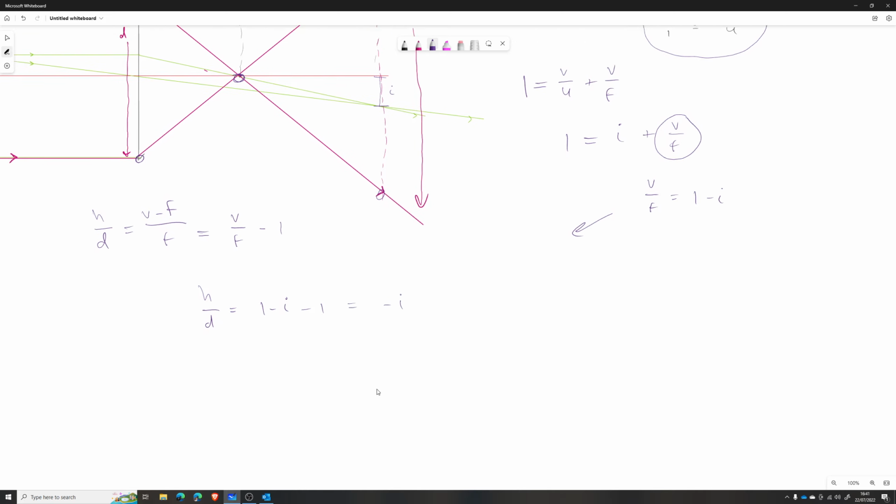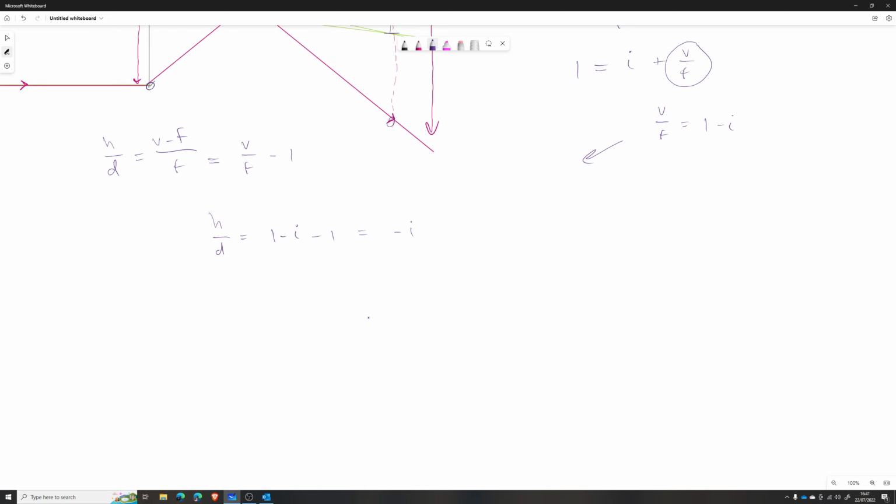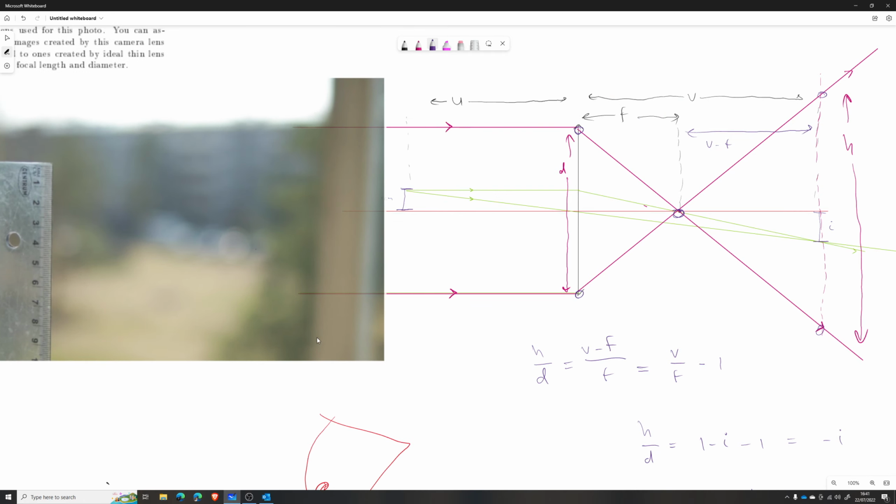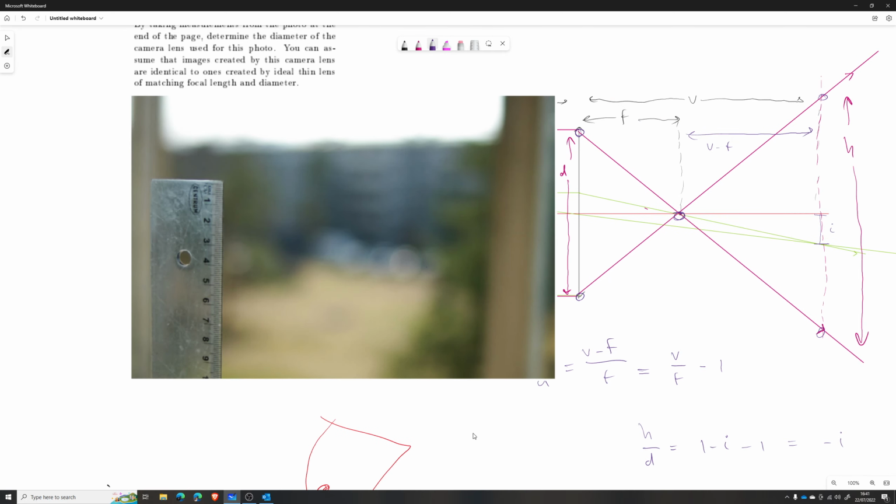There's no problem there. What that means then is that the diameter of my lens is equal to minus h over I. The minus, I'll leave the minus in, but it's neither here nor there. It doesn't matter. The image that we look at in the picture has been inverted for us so that everything looks the right way up.